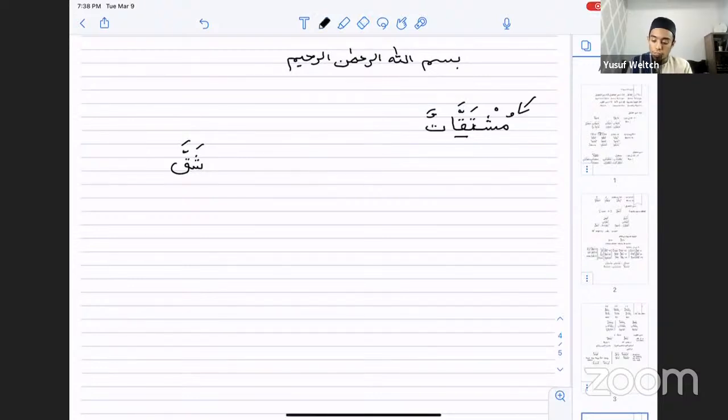Right, so if we take, for instance, the word yu'allimu, what does yu'allimu mean? Anyone? Ar-Rahman allama al-Qur'an.